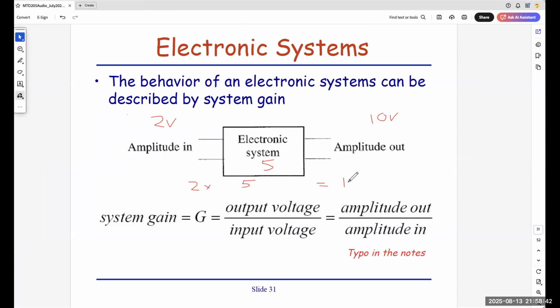So the system gain G should equal output over input: what I get is 10, input is 2, so it amplified 5 times. This is what I call the gain of the system.